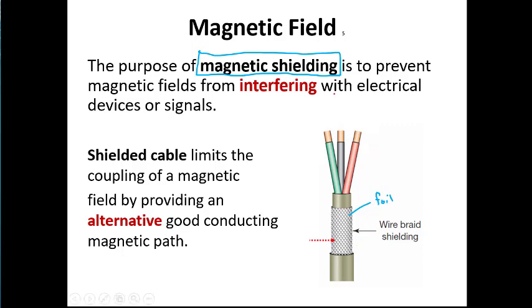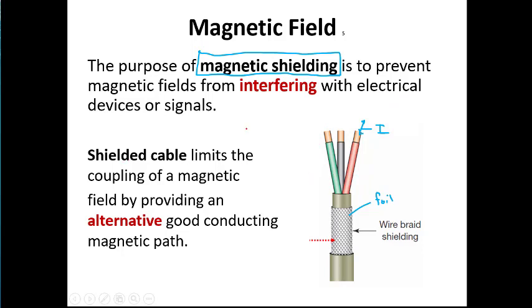Magnetic fields, especially varying magnetic fields, will cause current to flow in wires. We're going to use that later on to generate electricity, but it can cause problems, especially for electronics.